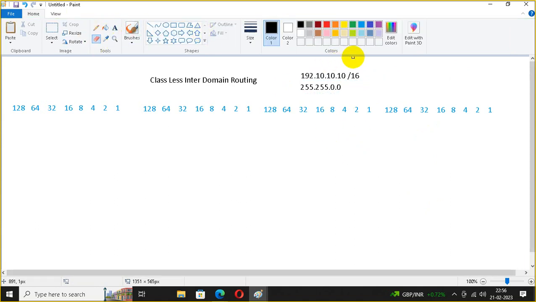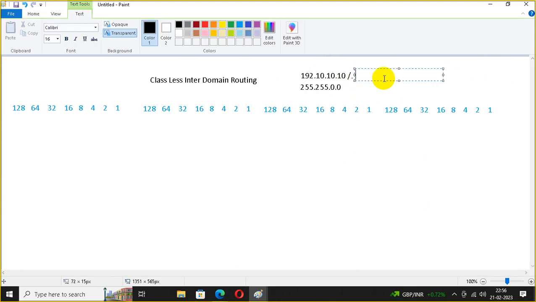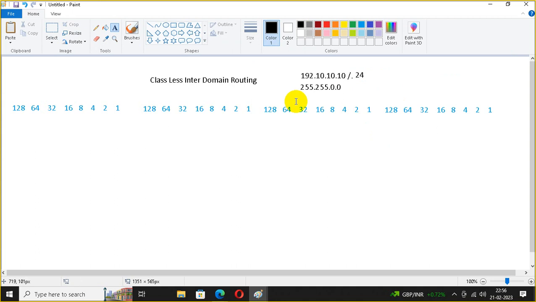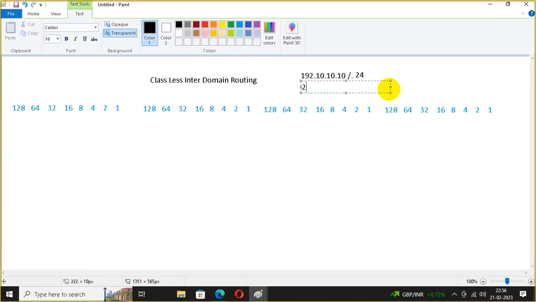Whenever it is 24, what will be the value? 255.255.255.0. Clear?